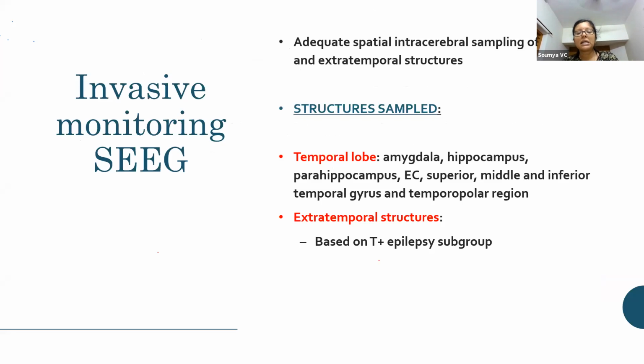And coming to stereo EEG monitoring, it helps in adequate spatial intracerebral sampling of both the temporal as well as the extratemporal structures. The temporal lobe structures which are sampled in stereo EEG monitoring include the amygdala, hippocampus, parahippocampal gyrus, the external capsule, superior, middle and inferior temporal gyrus, and the temporopolar region.